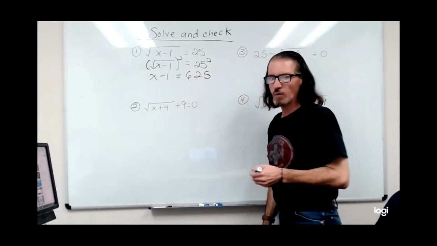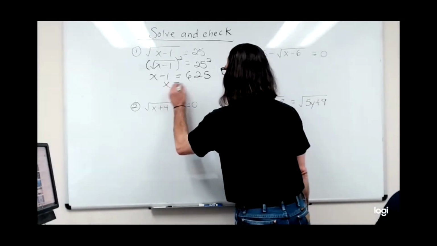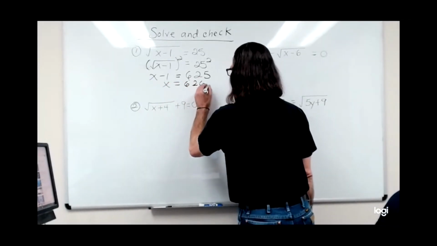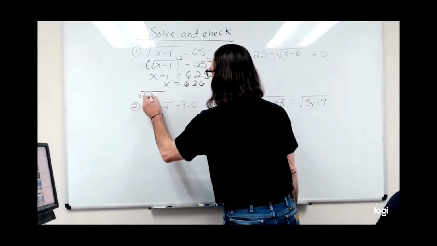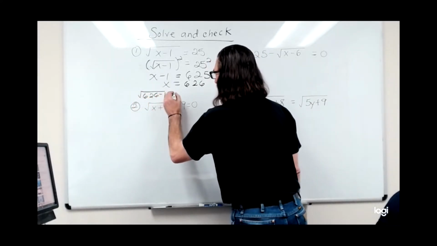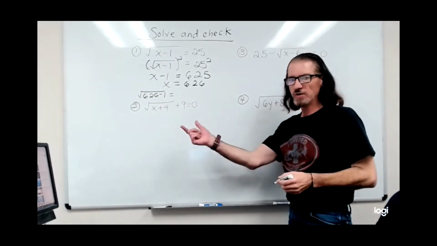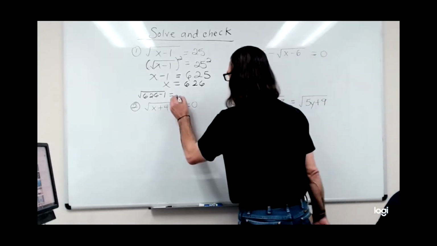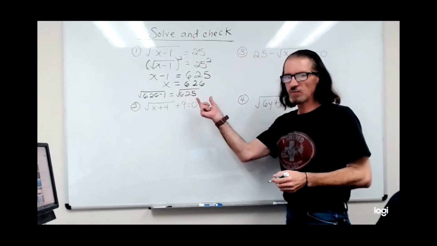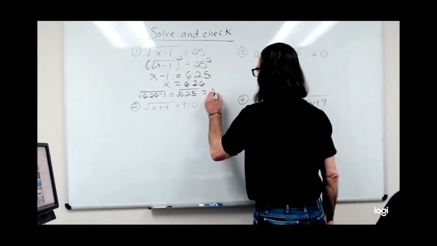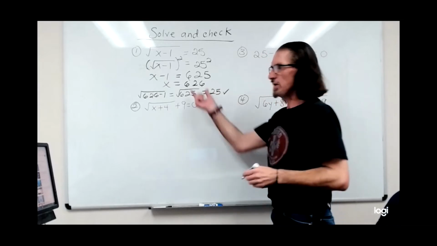Add the 1 to both sides. When you check, according to the order of operations, we would subtract first, then take the square root. That's the principal or positive square root. So we do get 25, and that is our solution.